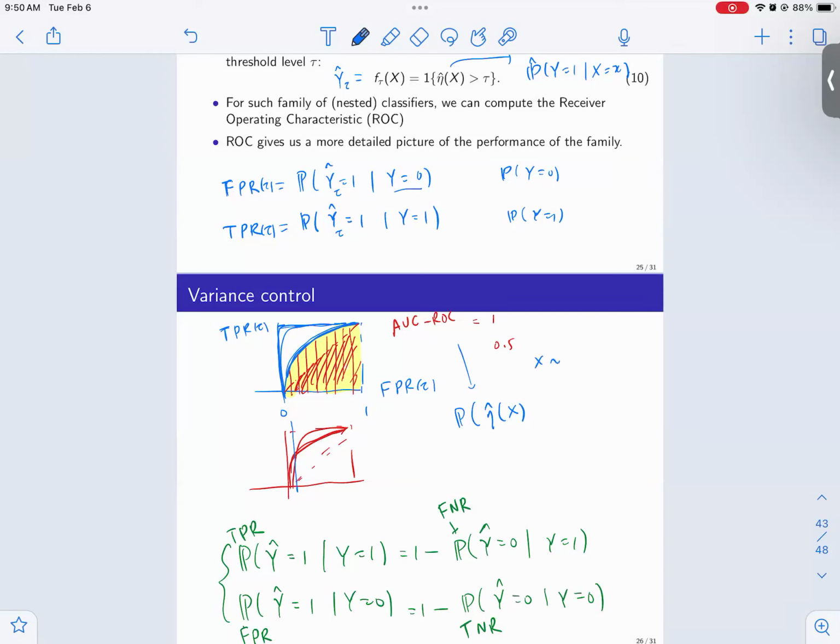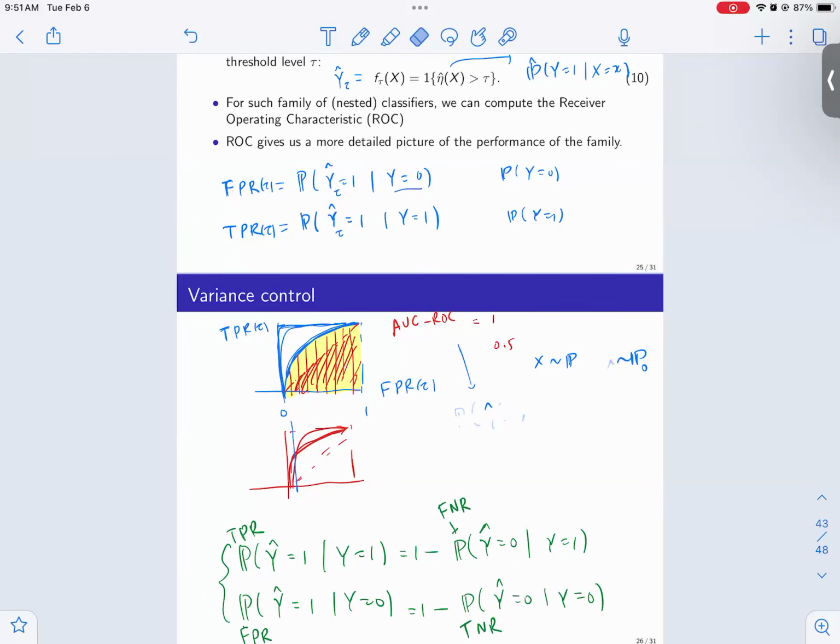Let's say X is from P1 and X prime is from P0, the class conditionals. Remember this notation.